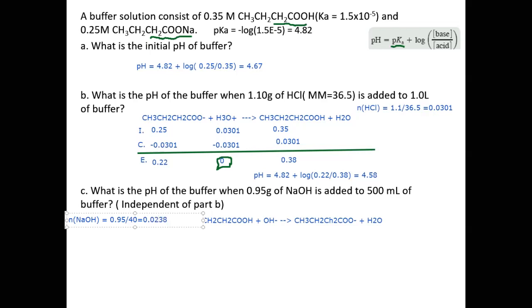Now, since this is not 1 liter, this is 500 milliliters, we need to find the moles of weak acid, which would be 0.35 times 0.5, and the moles of weak base.